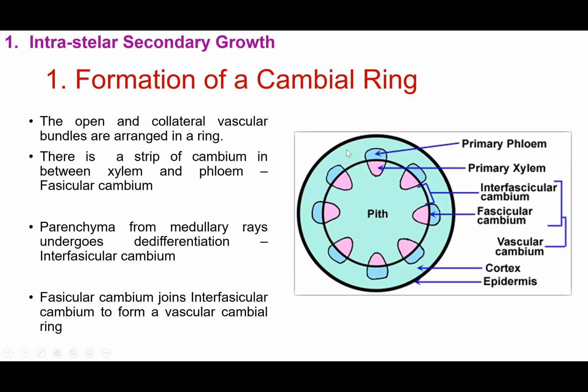Earlier this was all green, this black strip was not there, but then during secondary growth, the cells present just beside your vascular cambium undergo dedifferentiation and form interfascicular cambium. So this interfascicular cambium and fascicular cambium both join and form a continuous ring like this, the black ring that you can see.